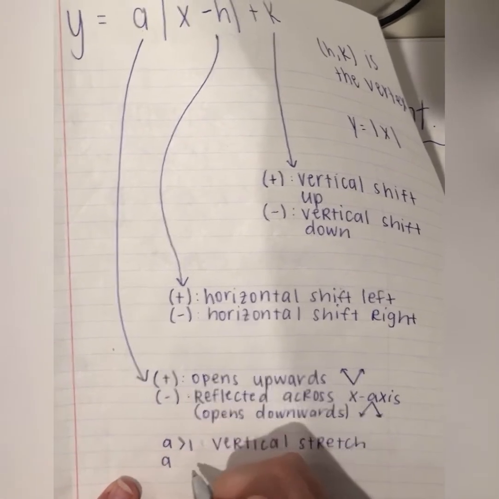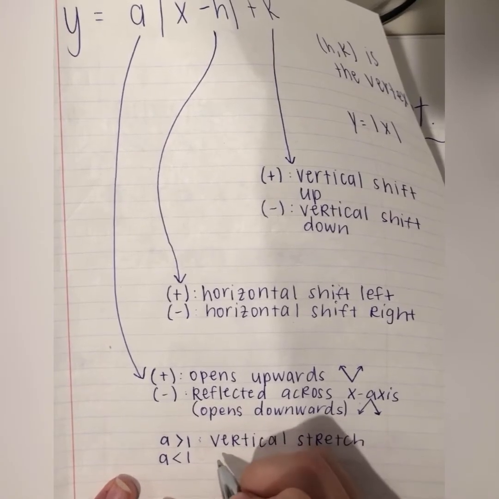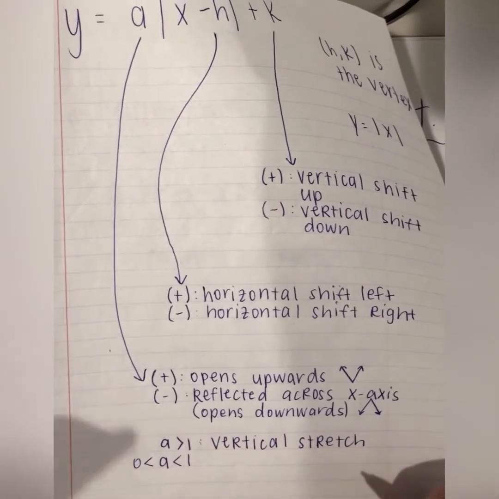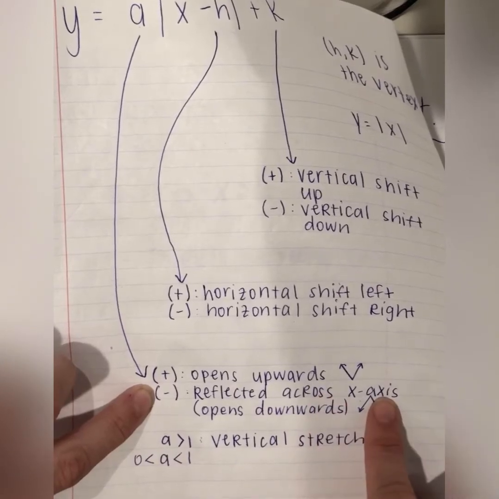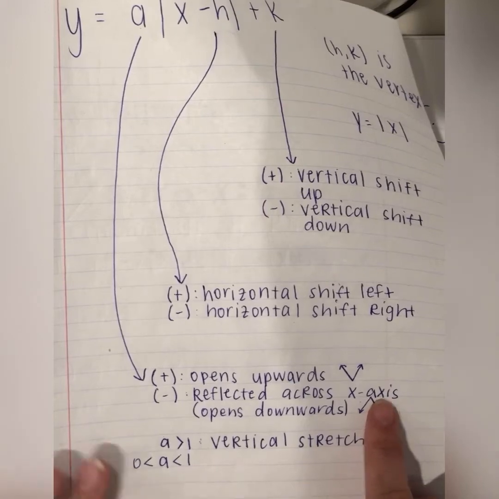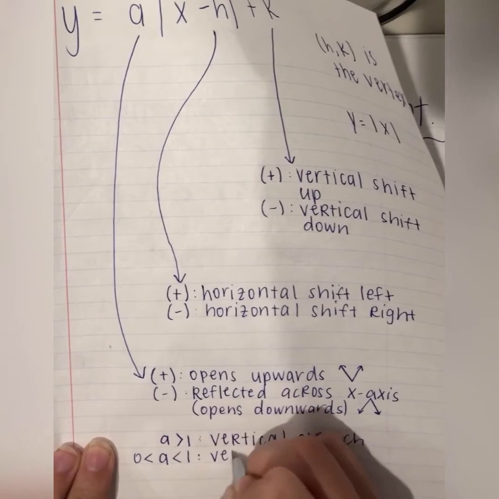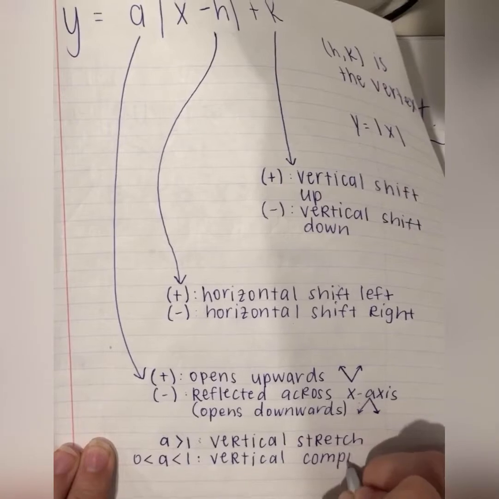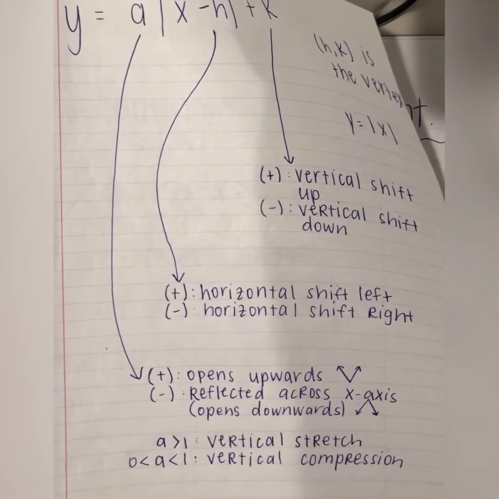And then if a is less than 1, but it's got to be greater than 0, okay, because this negative means reflected across the x-axis. This number is negative. It doesn't affect whether it's a stretch or a vertical compression, okay? We'll get more into what these words mean in a minute.